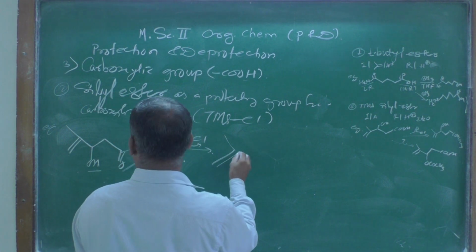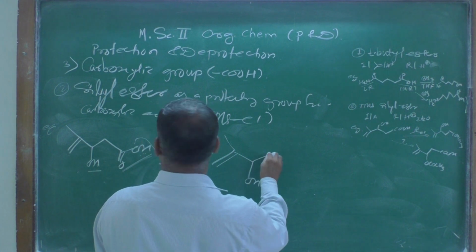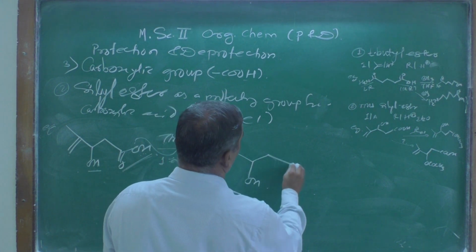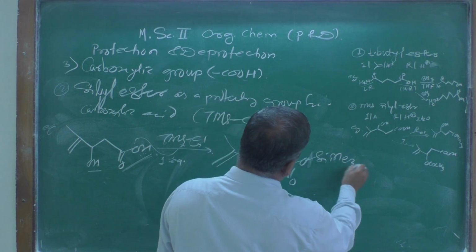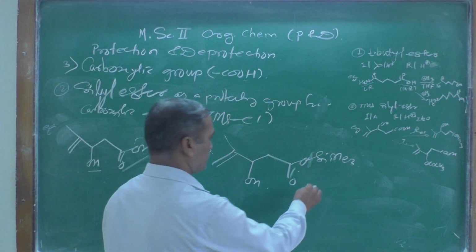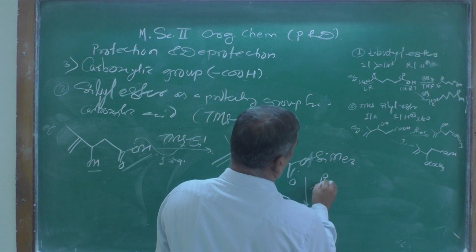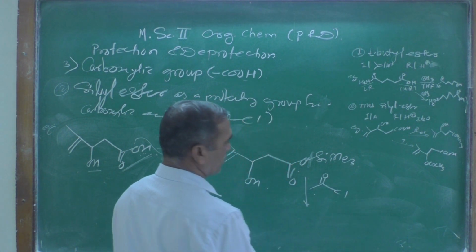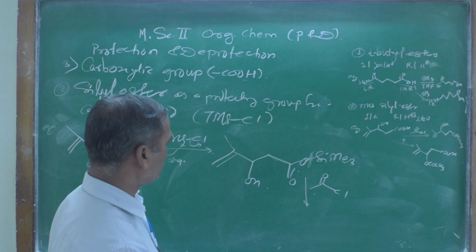So we are going to get this OH remaining as it is, then C double bond O, then Si Me3, right? This is the protected carboxylic group, and this is further treated with acetyl chloride, which may not require a Lewis acid.